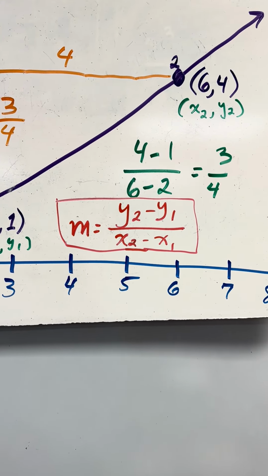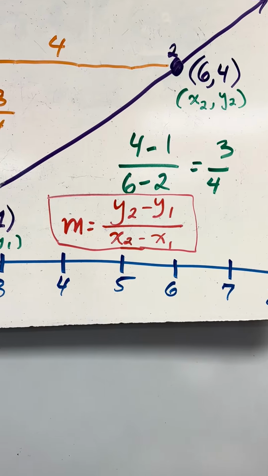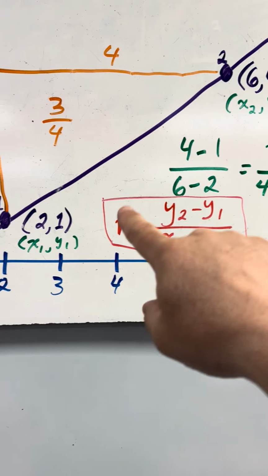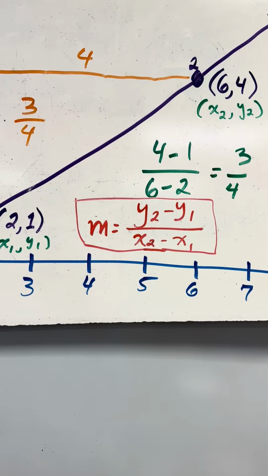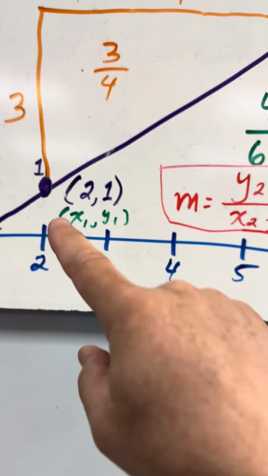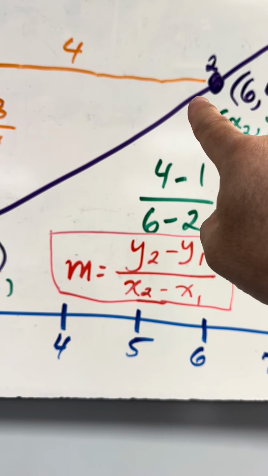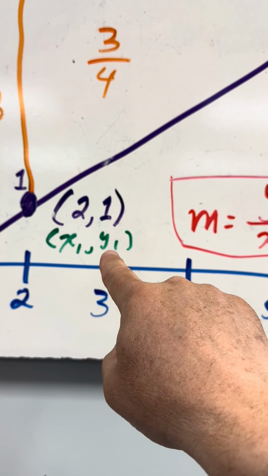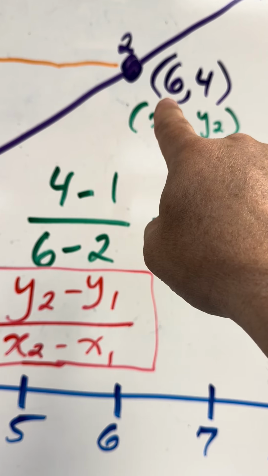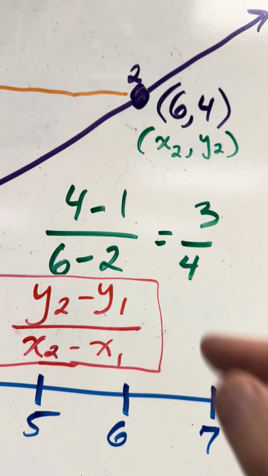This is how you find slope, just using the numbers in the points without having to graph it. So if this is point 1 and this is point 2, then this is x for point 1, this is y for point 1. This is x for point 2, and this is y for point 2.